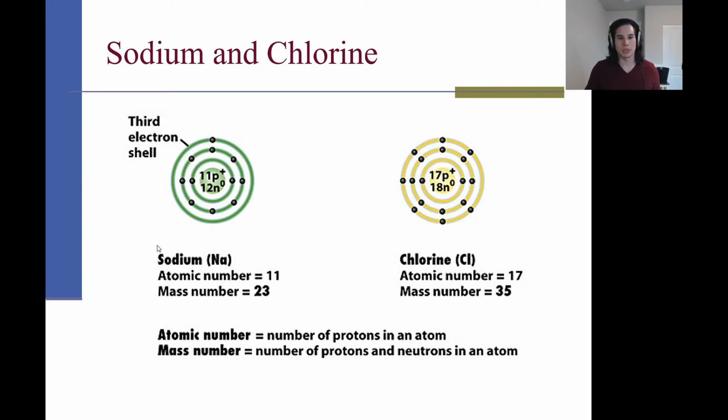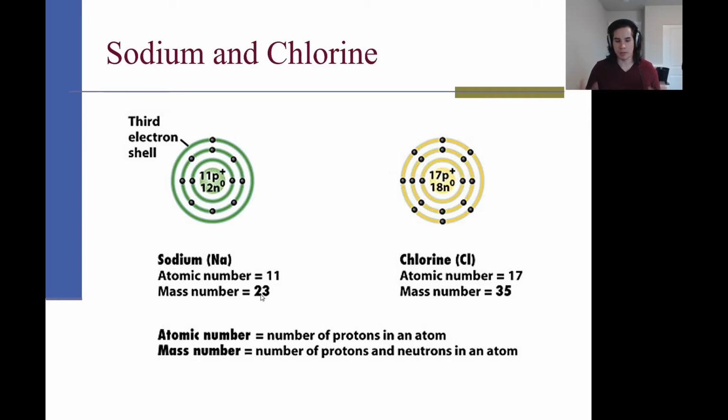So if we're looking at sodium, which is denoted with an N and an A, and we look at sodium's atomic number, it says 11. The atomic number is the amount of protons it has. So its atomic number is 11, therefore it has 11 protons. Now its mass number is 23.